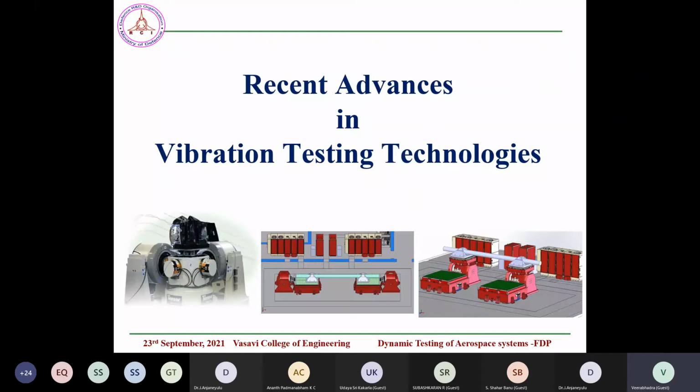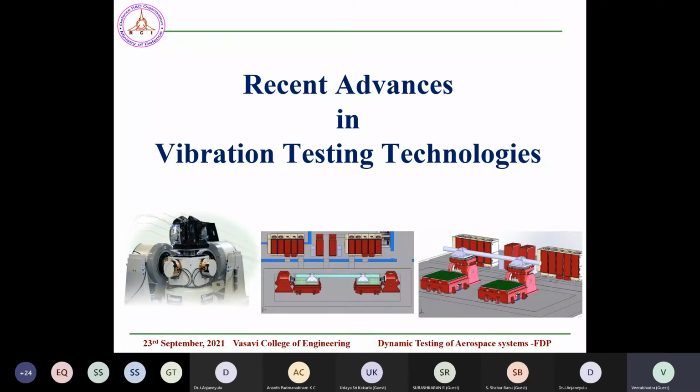Technology is saturated, but many advances have come with respect to testing technologies. These advances have come because aerospace and defense systems in actual flight get all three axis vibrations at a time.